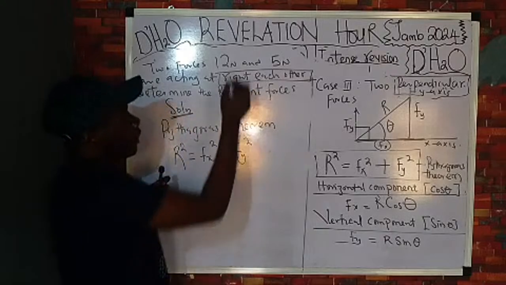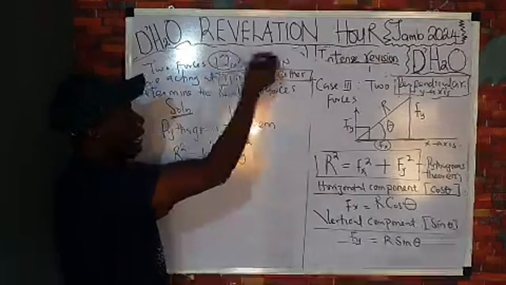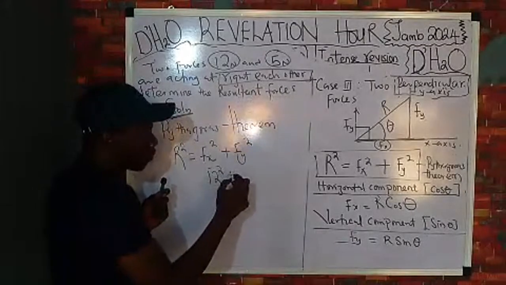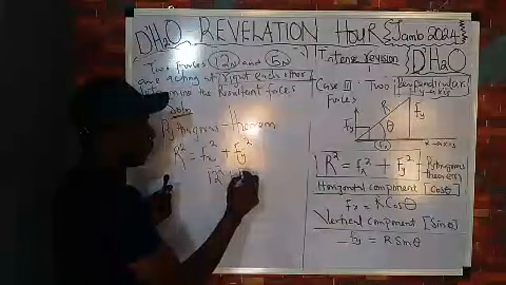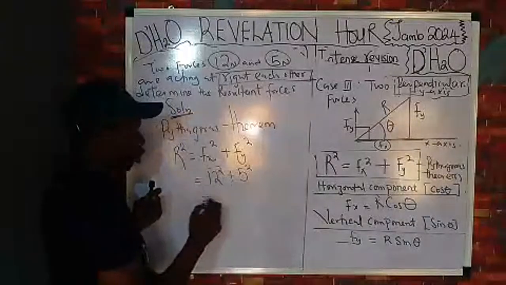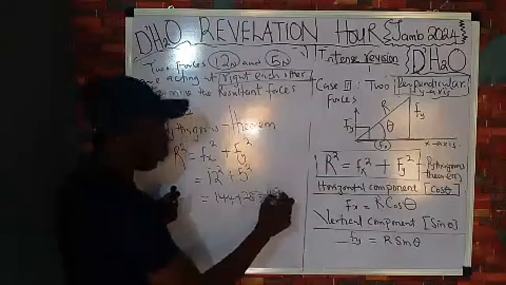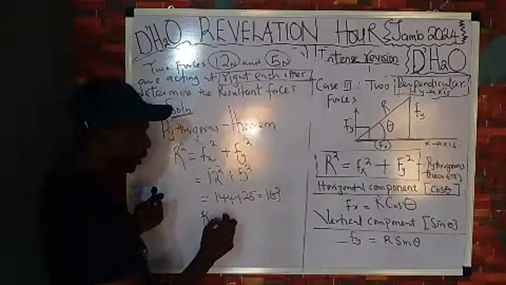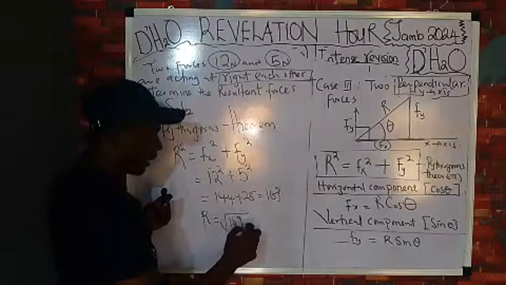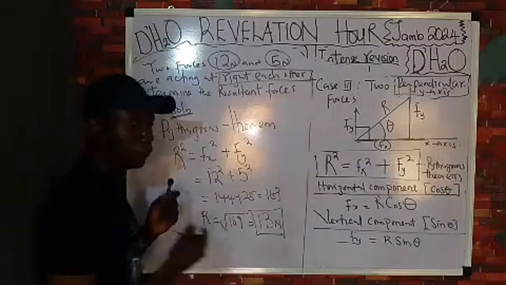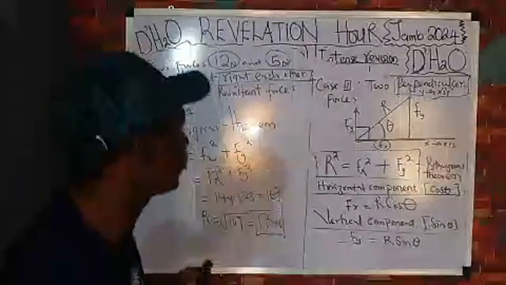If we say this is x and this is y, put it here: you get 12 squared plus 5 squared. So you get 144 plus 25. That will give us 169. So R will give us the square root of 169. The answer is 13 newtons. If you fail this thing in JAMB, I will slap you.